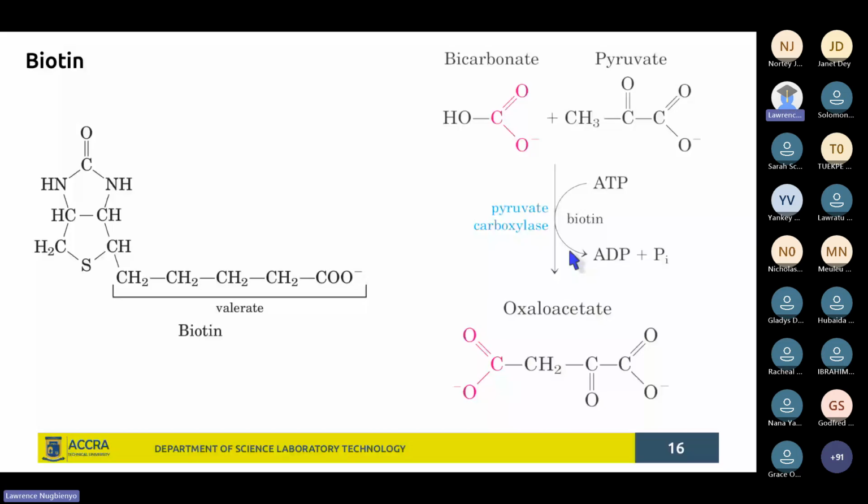So yes, biotin, that's the structure you see on the left-hand side, and it is involved in the transfer of the carboxyl group, the COO group, from one molecule onto the other, and that is a carboxylation reaction.